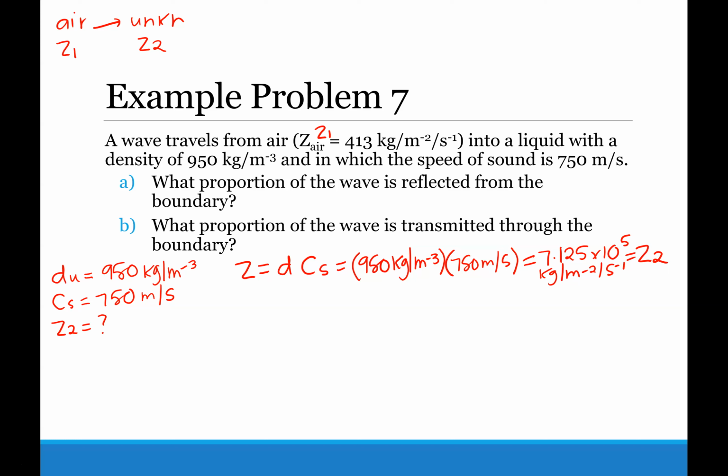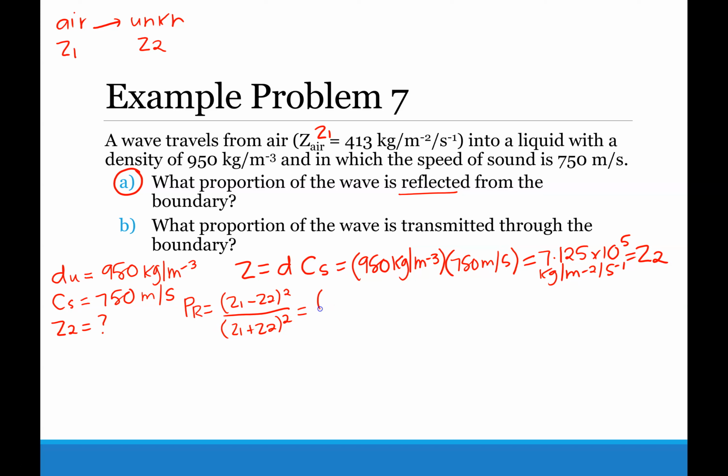So now we have to use the proportion reflected formula because A asks us for the proportion reflected. So we know that PR equals Z1 minus Z2 squared divided by Z1 plus Z2 squared.